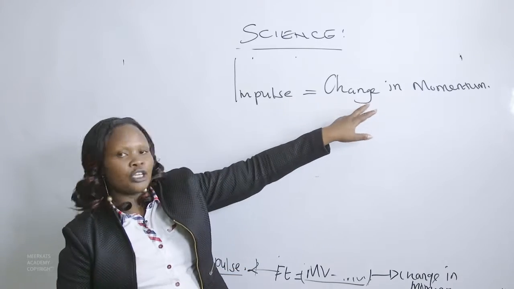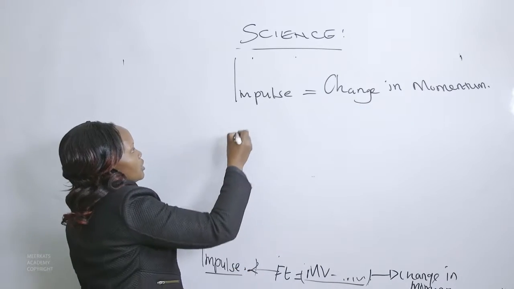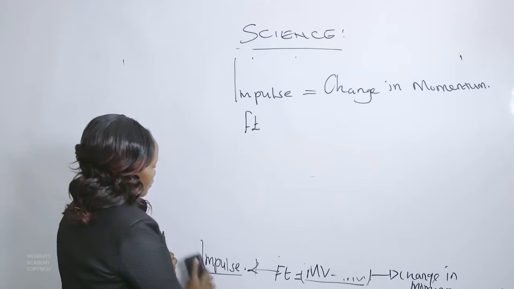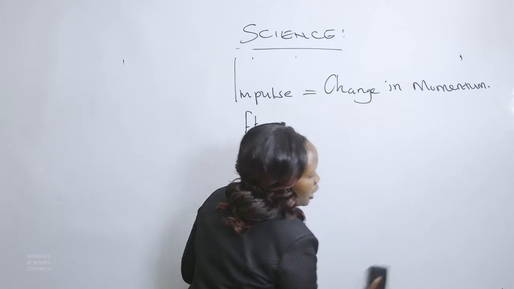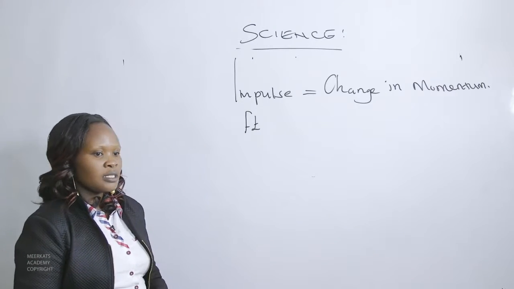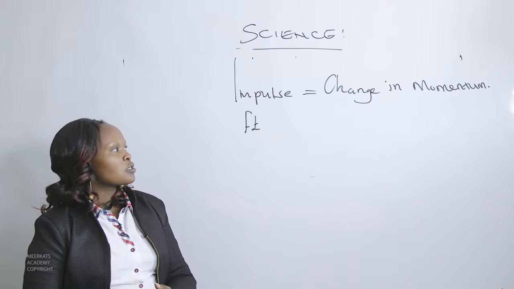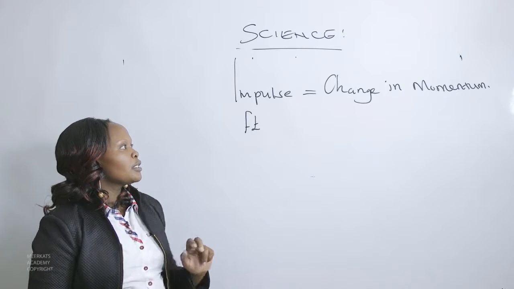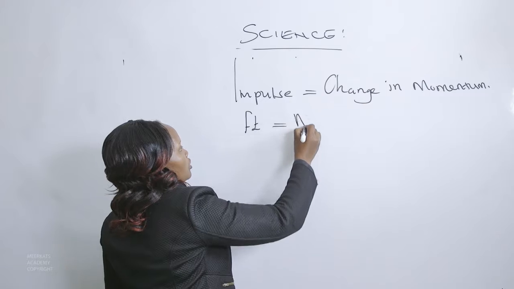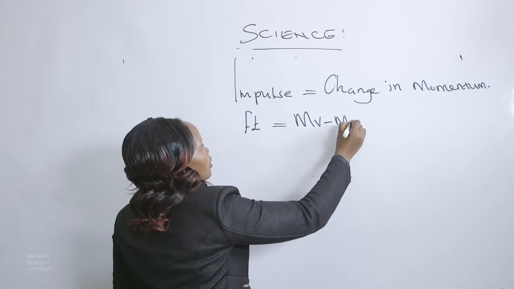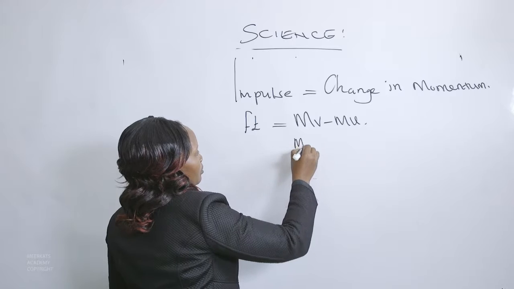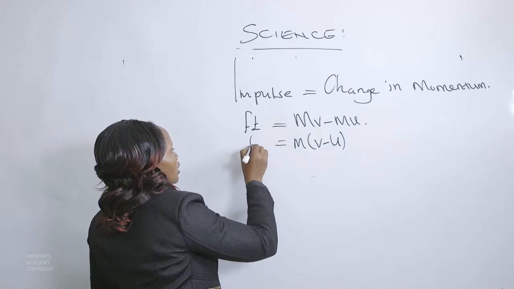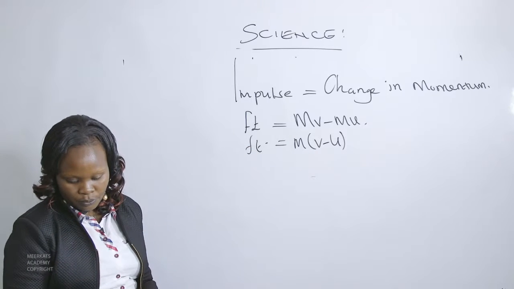Impulse is equal to change in momentum, and impulse is given by force times the time, the product of the force and the time taken for us to realize the effect of the force on our object. And therefore, we are equating it to change in momentum, or you could factor out m and write it as that if you may.